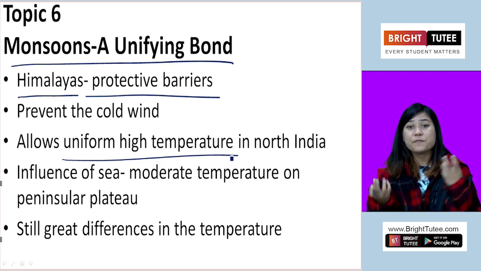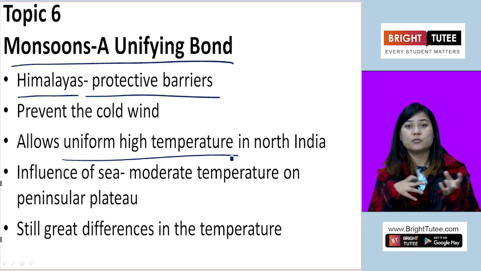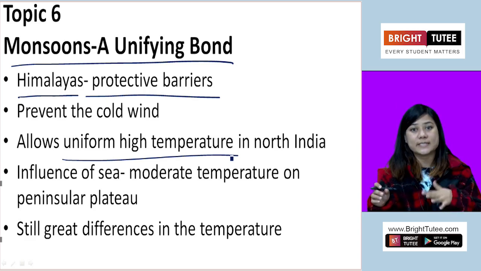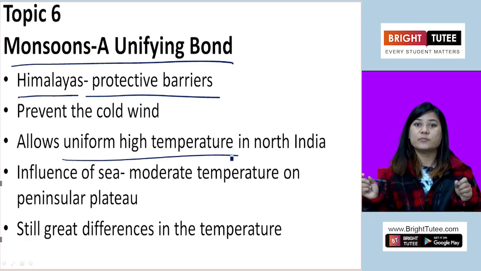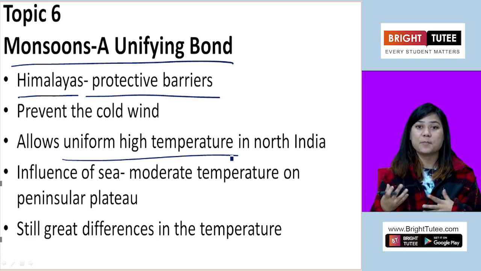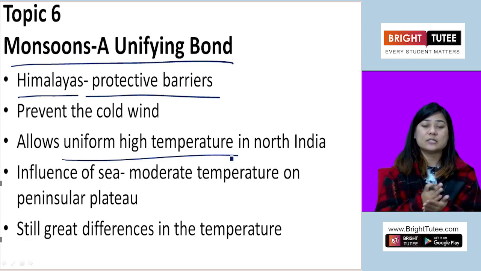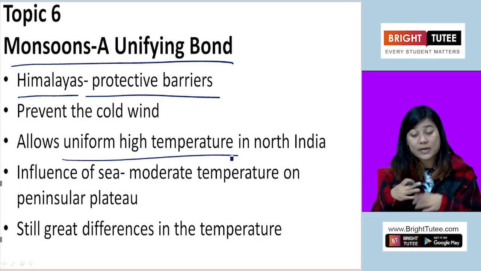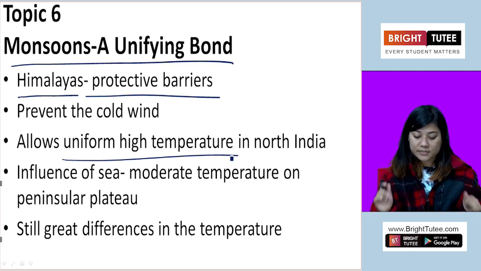It's not different from one side of northern India to another side. It's quite the same. So all these areas will have an average temperature ranging from 18 to 29 during the day in the winter season. So like that they have a uniform temperature.